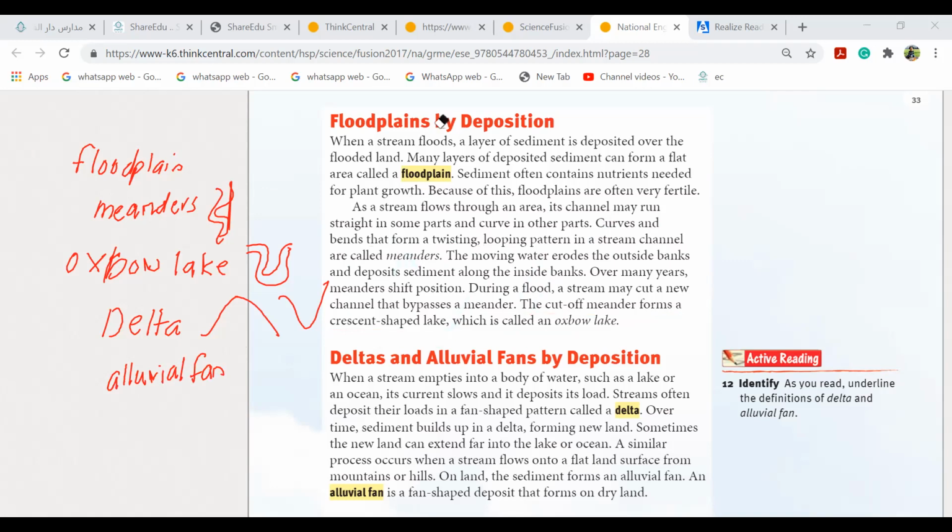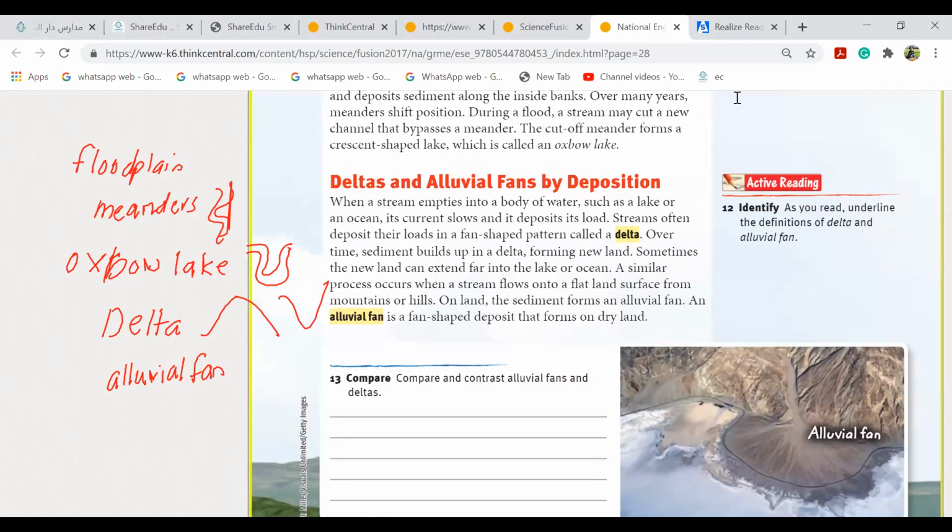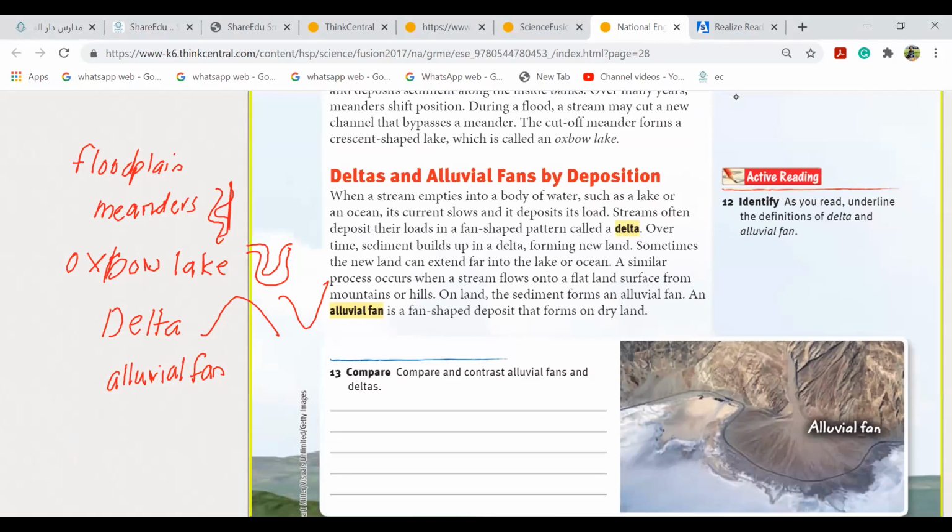Now here, if you have underlined, let us go down. Deltas and alluvial fan. What is a delta? Streams often deposit their loads in a fan-shaped pattern that is called a delta. A similar process occurs when a stream flows onto a flat land surface from mountains or hills.